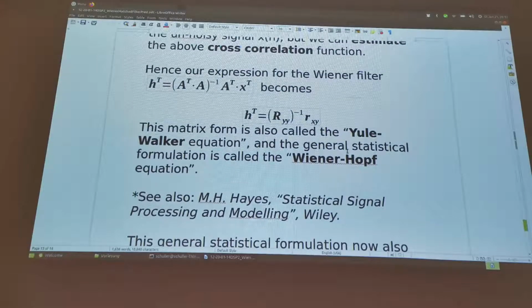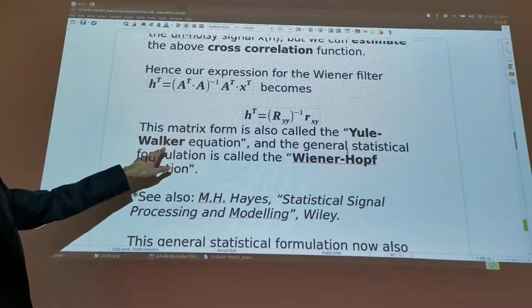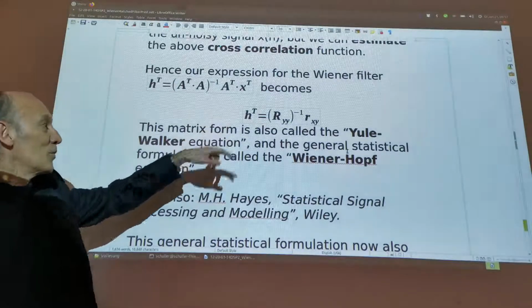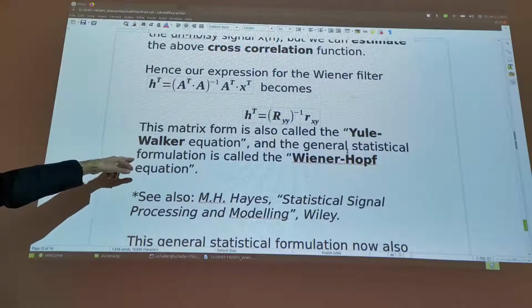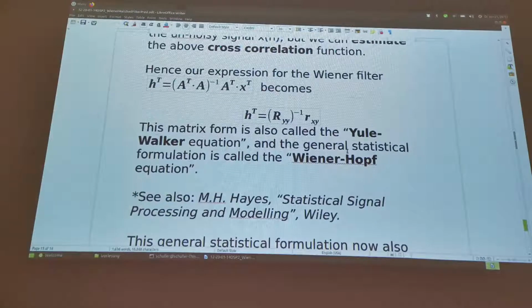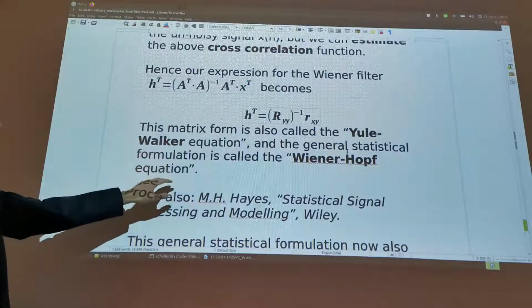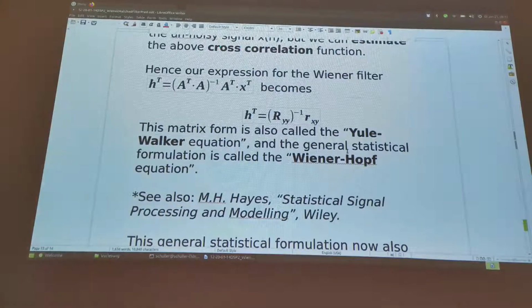Yeah, and this matrix form is also called the Yule-Walker equation, right? And the general statistical formulation using the correlations is called the Wiener-Hopf equation. So you see those two names, and in our context, it's basically the same thing. We have the Yule-Walker equation using the matrix, and the Wiener-Hopf equation using the statistical formulation.